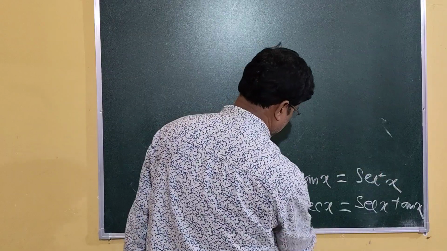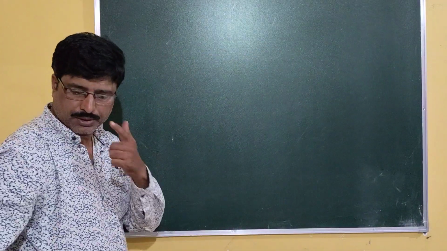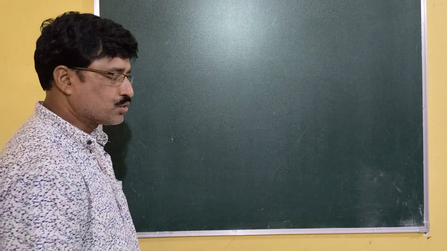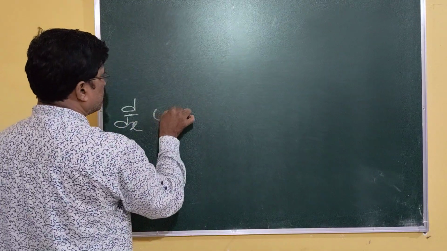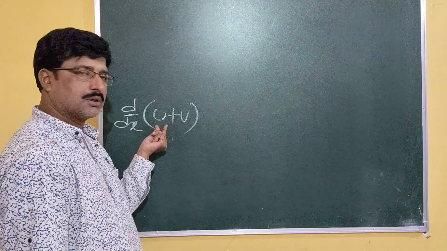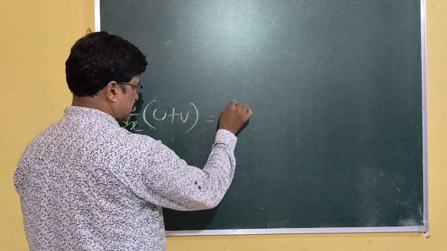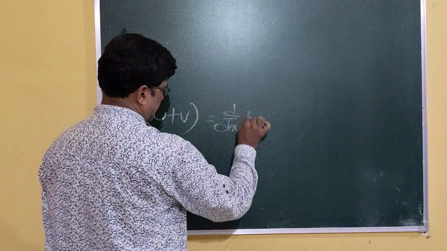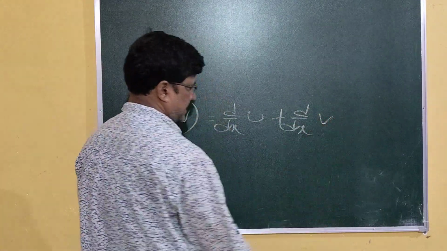Before going to discuss these derivatives, we need four formulas which are most important. First, dy dx of u plus v, where u is a function of x and v is also a function of x, becomes dy dx of u plus dy dx of v.